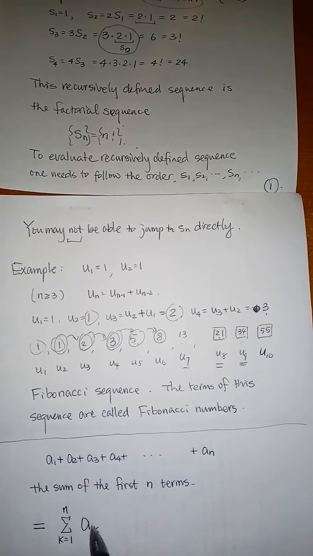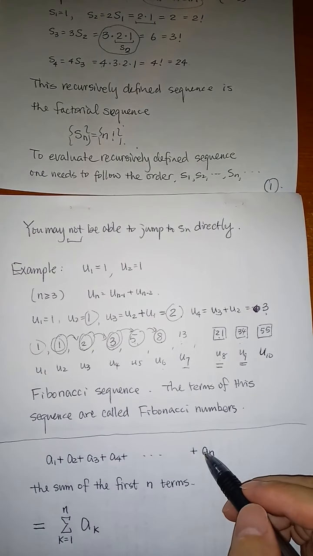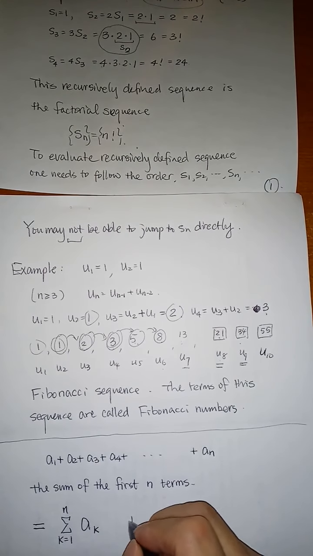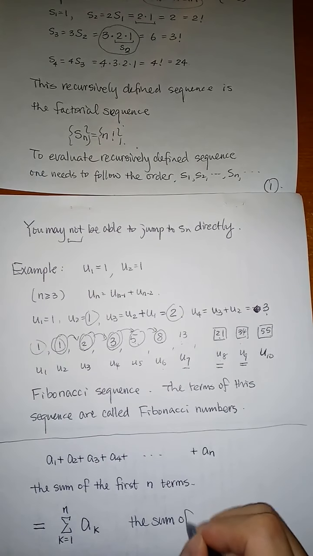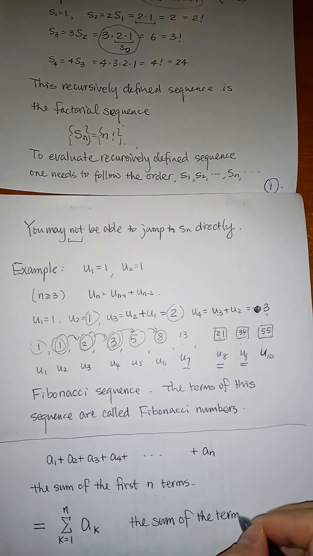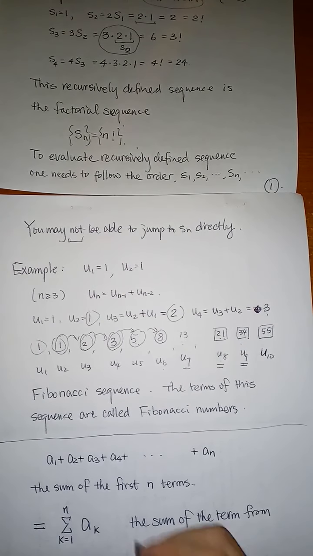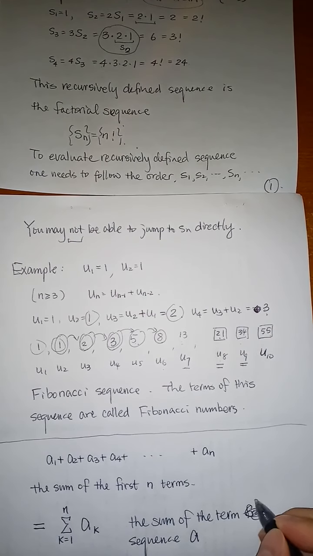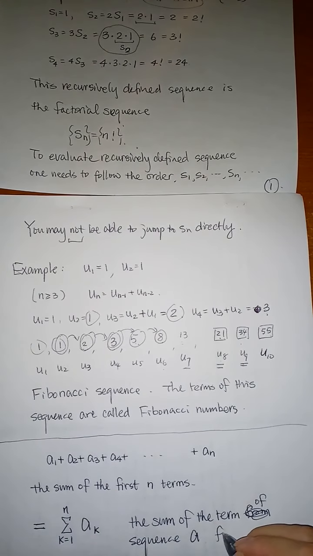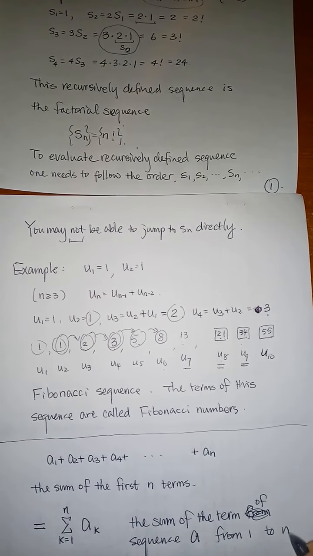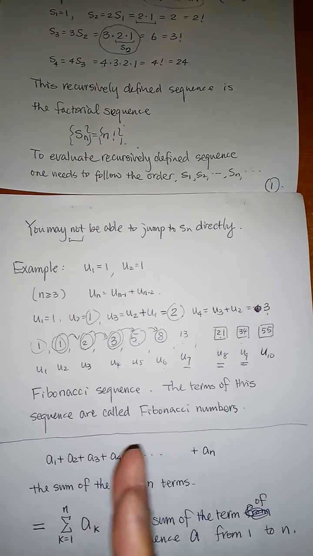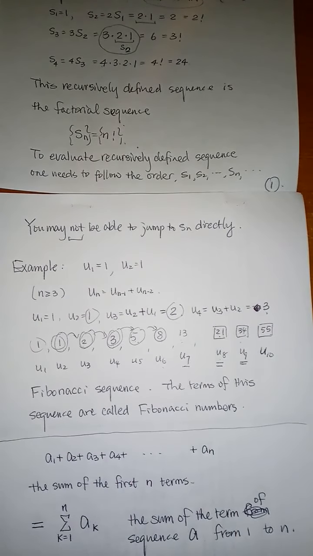So the sum of a_k, the sum of the terms of sequence A, with k from 1 to n. So it means k will be 1, k is 2, k is 3, k is 4, up to k equal to n.